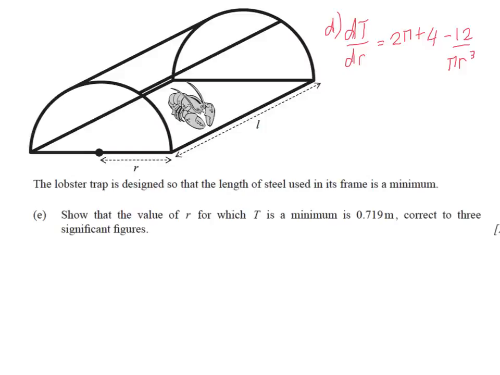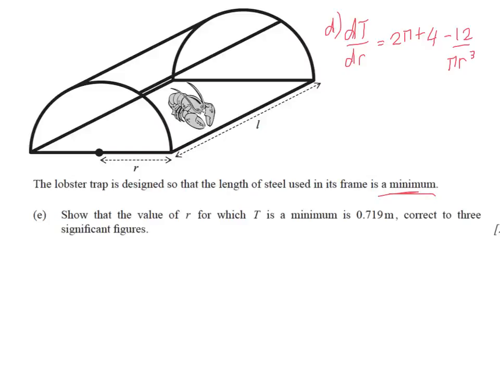Okay, so now we're getting into the true purpose of the problem, and that's to minimize the length of steel needed to make this trap. All right, the most important thing that you have to remember, and this is every single one of these optimization questions, this is every calculus question that mentions the word minimum or maximum, every one.